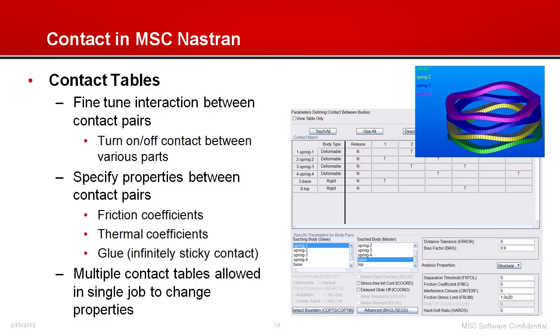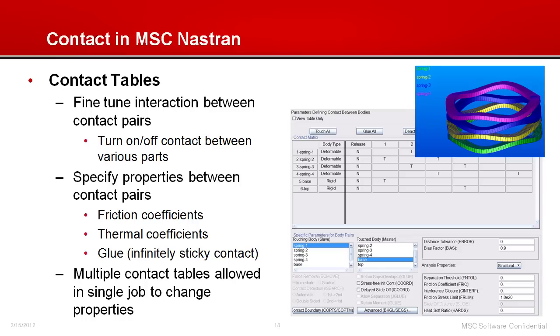If we have this model, and actually, this is the model that I'll be using in my demo, we could have 4 springs, and each spring could be modeled as an independent contact body. Actually, in my model, I'm not going to use 4 contact bodies. I'm going to use just 1 contact body. But just for illustration purposes here, we have 4 contact bodies.